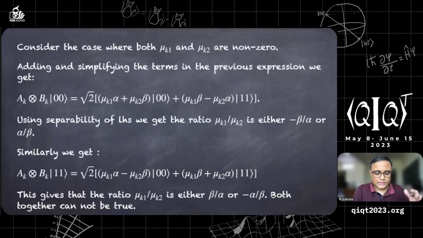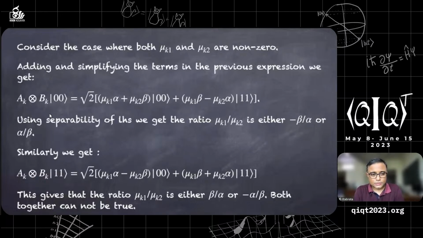If you do a little bit of simplification, then you eventually find out an equality for A_k tensor B_k acting upon 00. Now for this 00, you see 00 is a separable state. So I can make it like ket 00, bra 00, and that side also A_k tensor B_k.